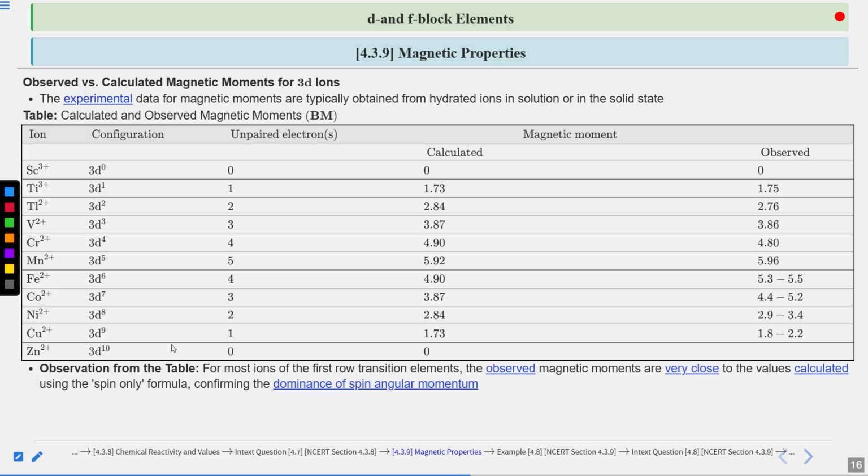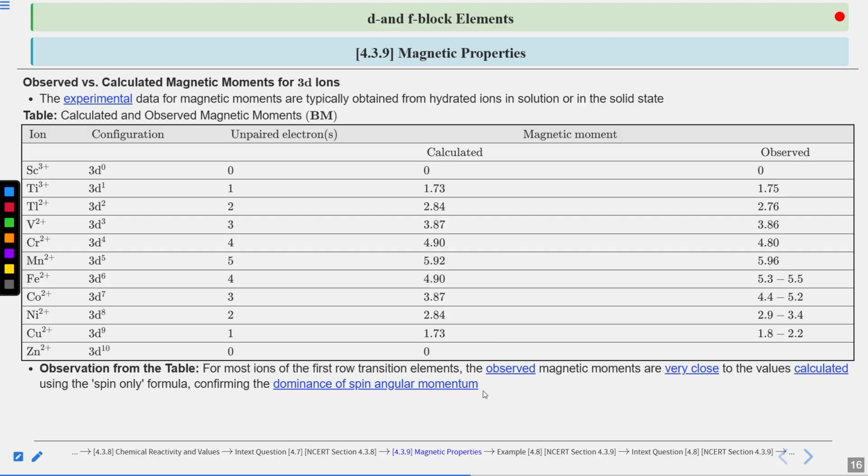Now, what is the observation that you can make from this table? For most of the ions of first row transition elements, the observed magnetic moments are very close to the values calculated using the spin only formula, confirming the dominance of spin angular momentum.